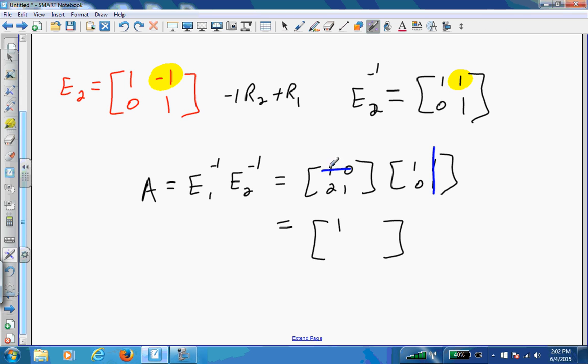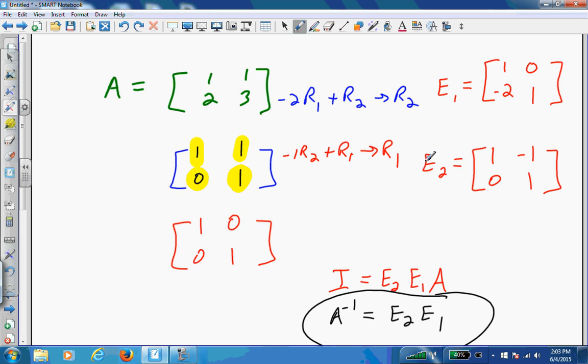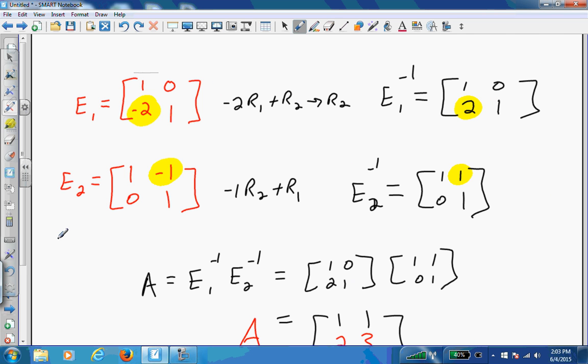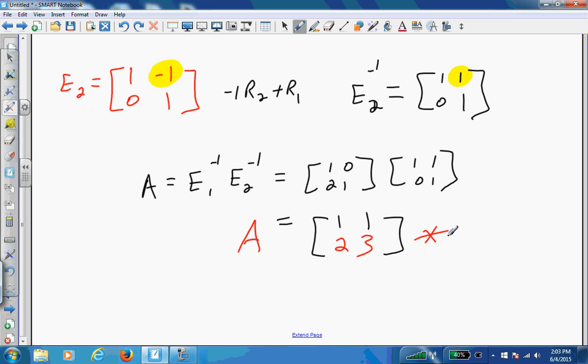Row times column, 1 plus 0 is 1. Row times column is 2 plus 0, so 2. Row times column, 2 plus 1 is 3. What was A? 1, 1, 2, 3. So that's something we can do with elementary matrices.